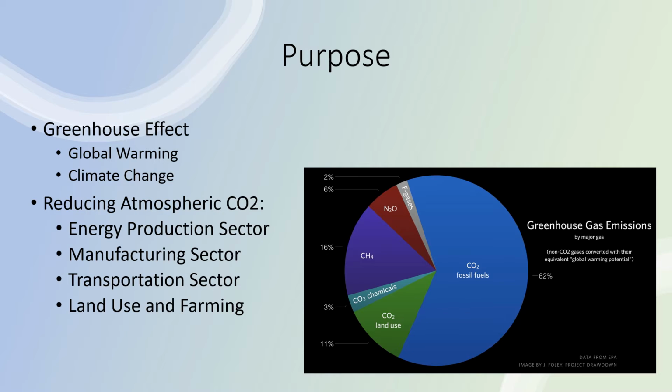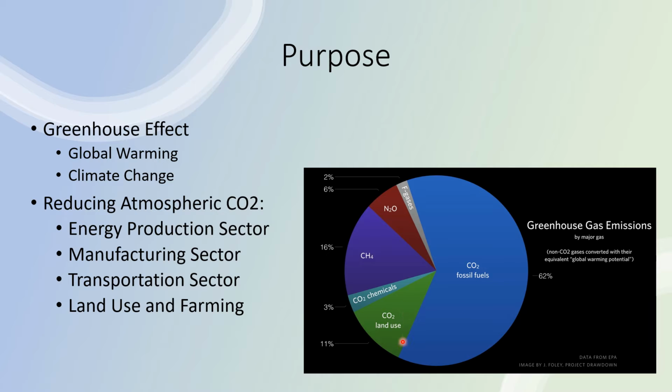And the main push is reducing atmospheric CO2 in the energy production sector, manufacturing sector, transportation sector, and also from land use and farming, which contributes to atmospheric CO2. If you look at the graph, a majority of the CO2 comes from fossil fuel use.